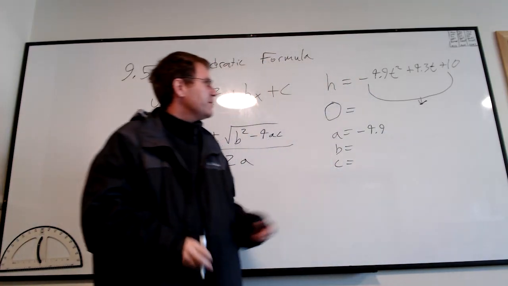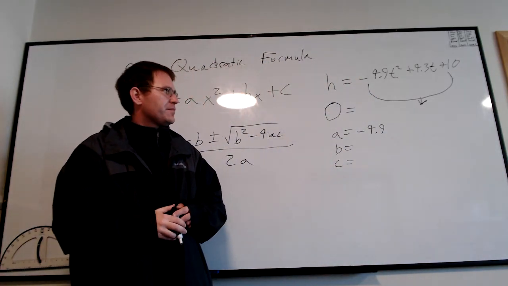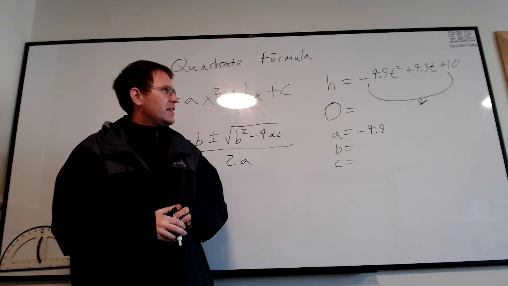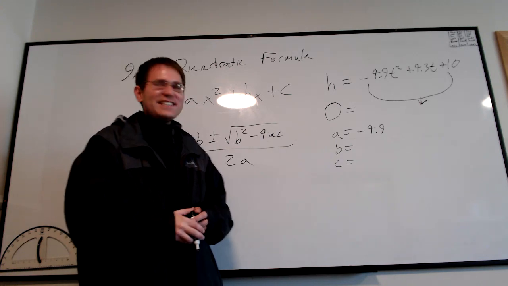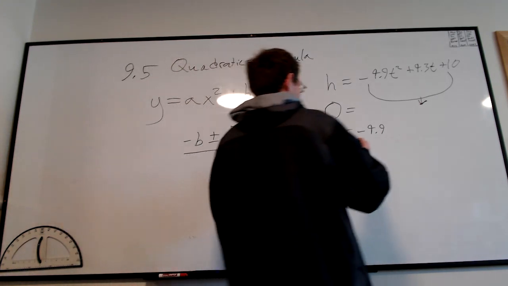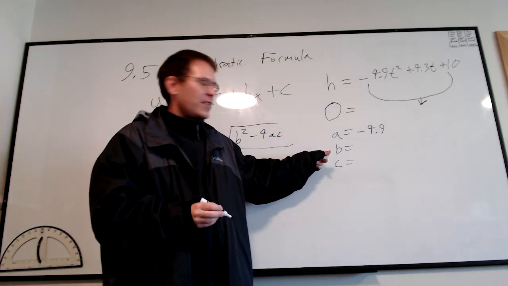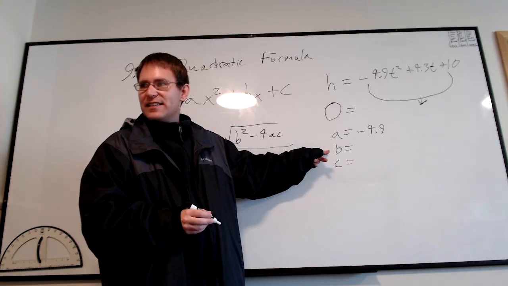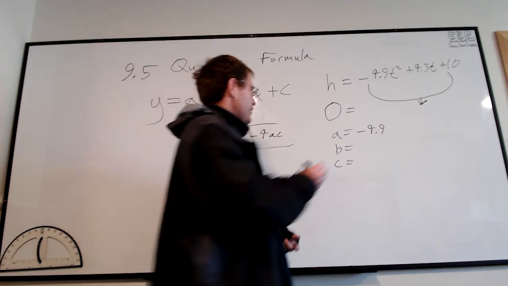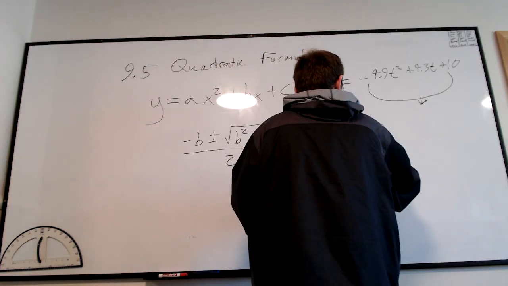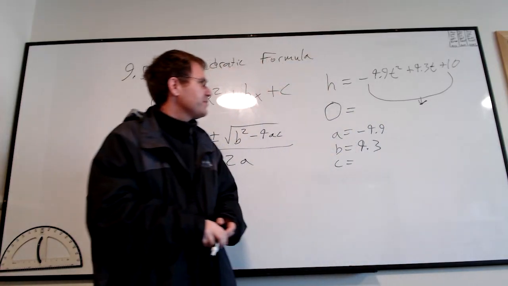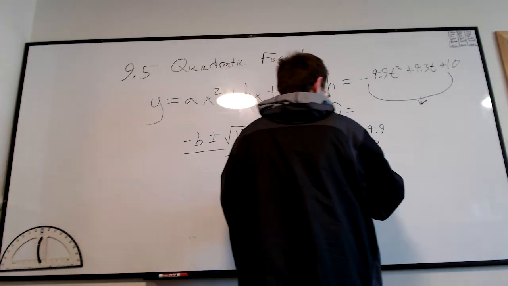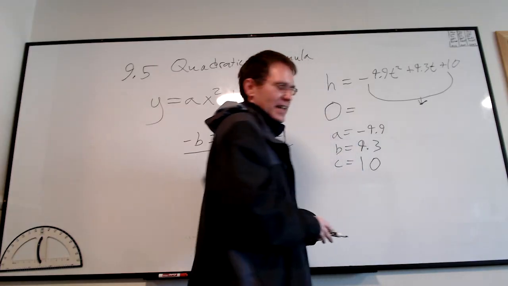Okay, and then B? Is that 9.3 t? I can see why you would think that, but it is 4.3 t. So B equals 4.3. And C? 10. Yep.